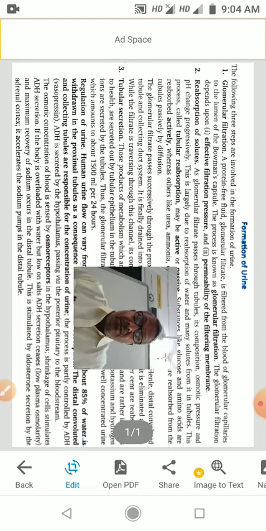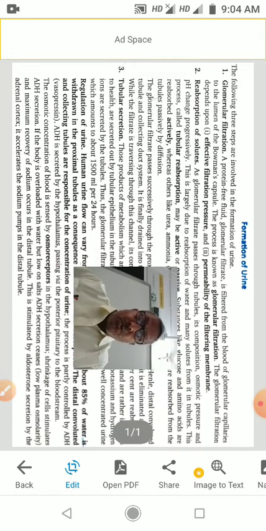The normal value of glomerular capillary blood pressure is about 45 mm mercury. Hydrostatic pressure in Bowman's space is 10 mm mercury. Colloidal osmotic tension due to plasma protein is 25 mm mercury.